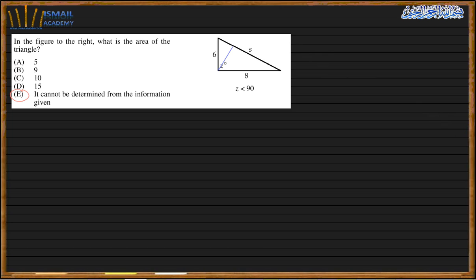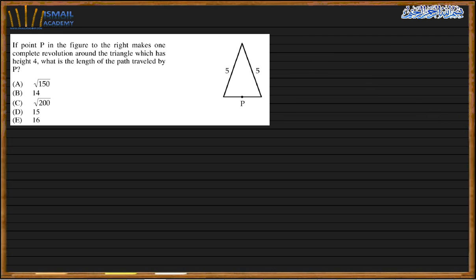Next question. If point P in the figure to the right makes one complete revolution, it means it creates the perimeter. It goes through the whole triangle, which has height 4. The height is always perpendicular to the base, so this is a 90-degree triangle, and this is 4, this is 5, and this should be 3, because this is a 3, 4, 5 right triangle.